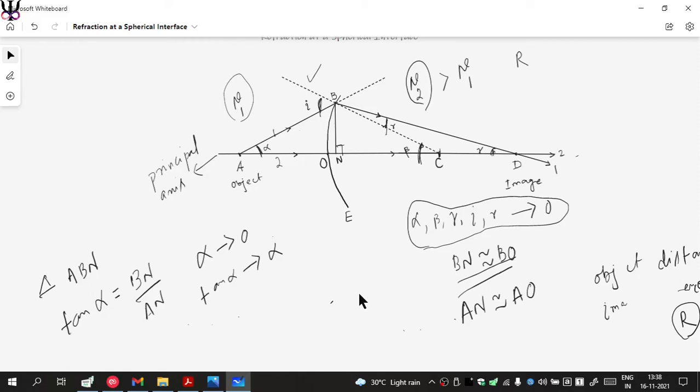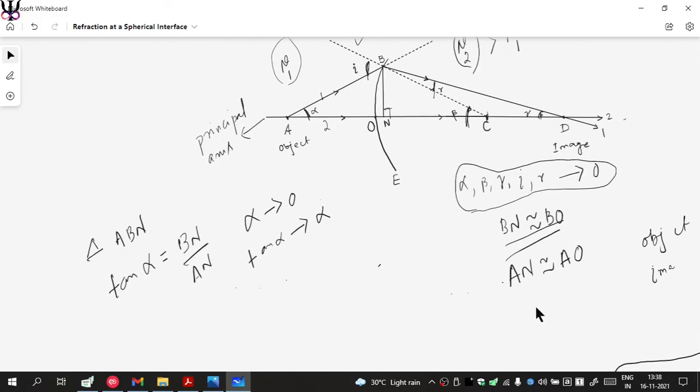So by using these approximations, we can say that alpha is the same as BO upon AO. We don't know how we can further make sense of BO, so let us leave BO as it is.